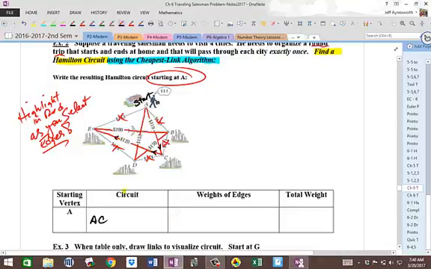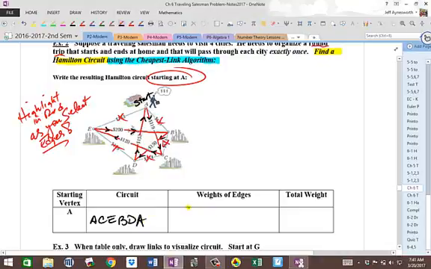So A, C, E, and then over here to B, and then to D, and then back home, D back to A. So just follow the arrows, basically. A, C, E, B, D, and then back home.